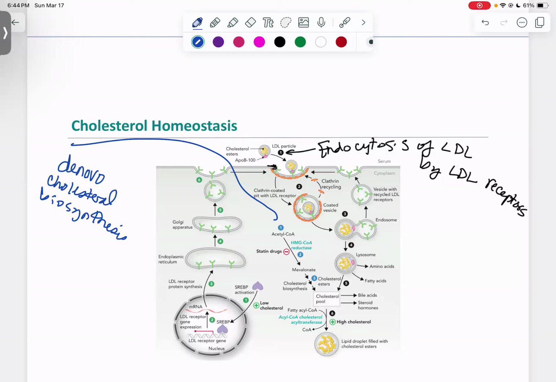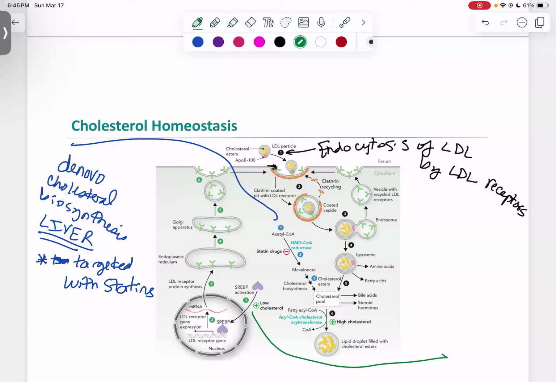You have to always remember where we are, and we are in the liver for this. Okay. And these blue steps, this is what we typically target with statin drugs. So this is targeted with statins.